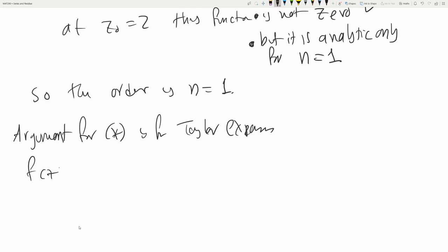So we have f of z over (z minus z naught) to the n, and we write down all the terms.